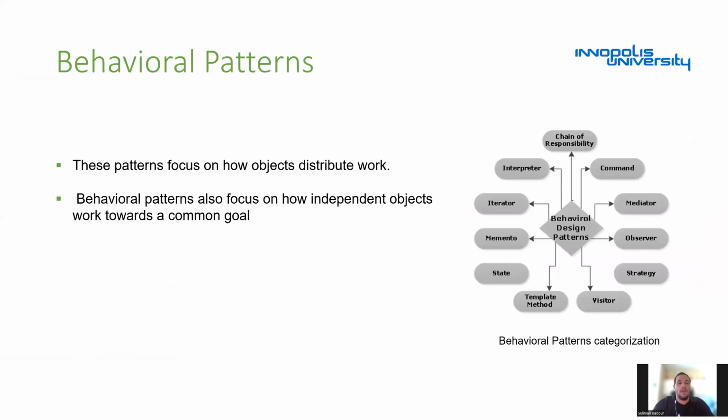And now we will review our final category, which is behavioral patterns. These patterns focus on how objects distribute work. They describe how each object does a single cohesive function. Behavioral patterns also focus on how independent objects work towards a common goal.